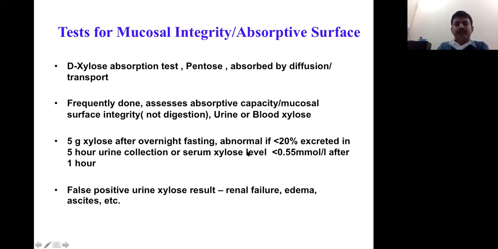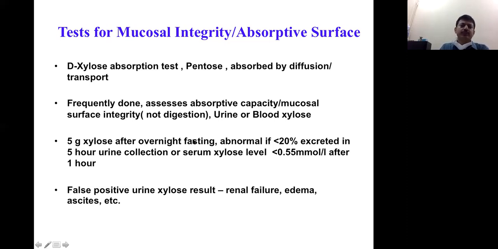So if it is a blood xylose, the level will be low in the blood, and if you do a urine xylose, the amount excreted in urine will be low. For a urine xylose, we give 5 grams of xylose after overnight fasting, and if less than 20% is excreted in a 5-hour urine collection, it is abnormal. Similarly, for blood xylose, if the level is less than 0.55 after 1 hour, it's abnormal.